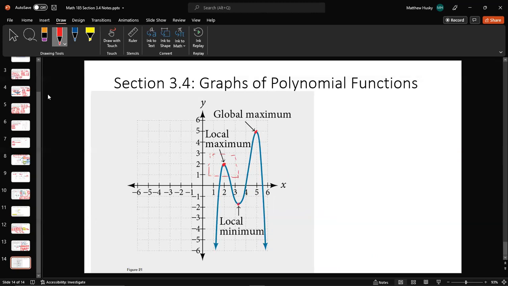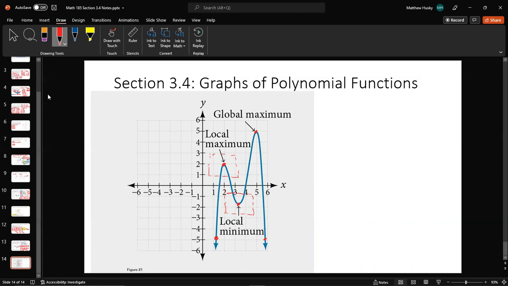And then there's this point down here, which in this local area is the lowest point in this neighborhood, although there are points down here and here, for instance, that are lower, but within that localized area, it is the low point.